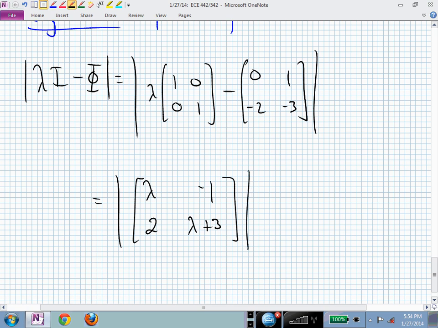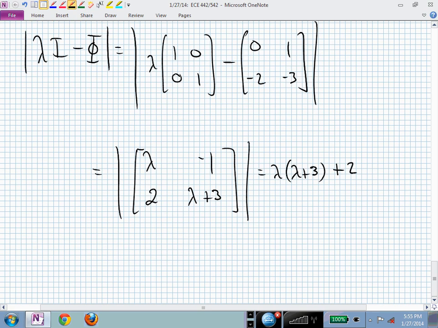And we want now the determinant of a 2 by 2 matrix, which I'm hoping you remember. That's just the product of the diagonals minus the product of the off diagonals, which is now lambda times lambda plus 3 minus a minus 2, which gives us a plus 2. This now says that the characteristic equation found by finding the eigenvalues of this state space representation is given by the values of lambda that solve lambda squared plus 3 lambda plus 2 equal to 0.